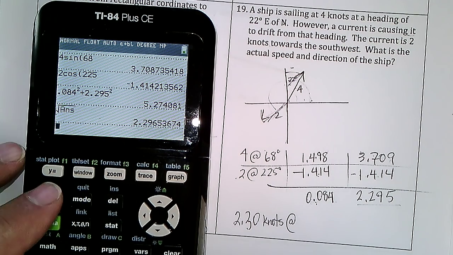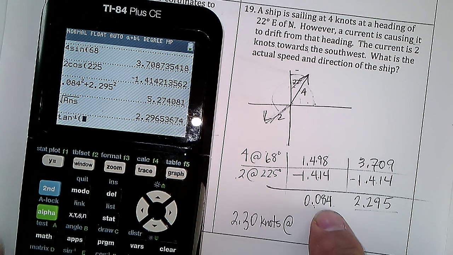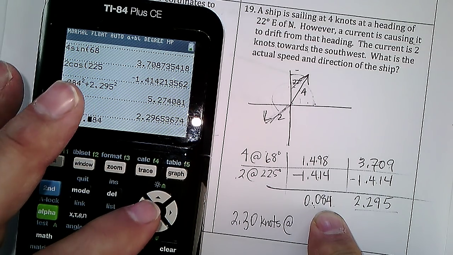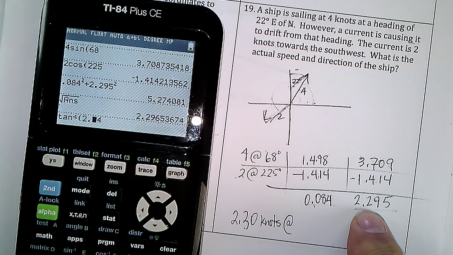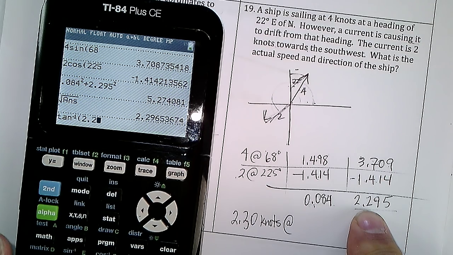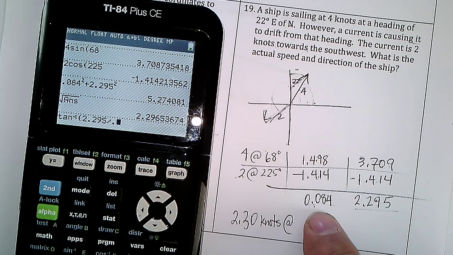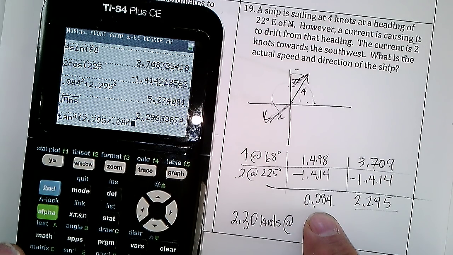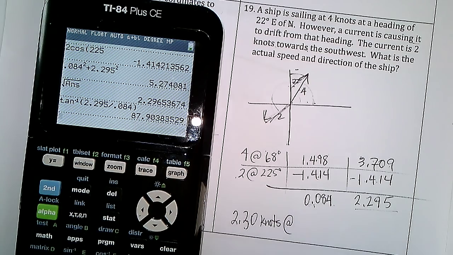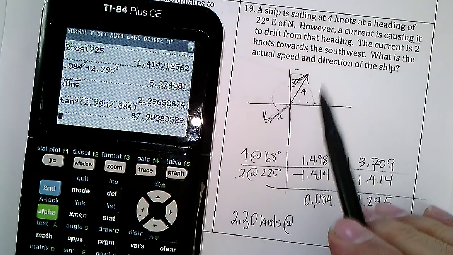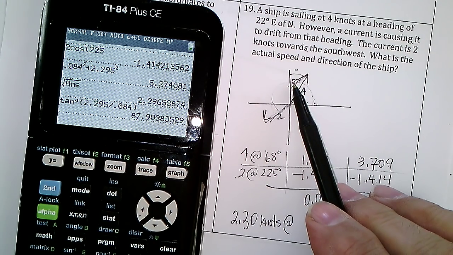To get that, we do the tangent inverse of 0.084, y over x, so I got to do 2.295 divided by 0.084 and 87.9, which is 87.9 trig.